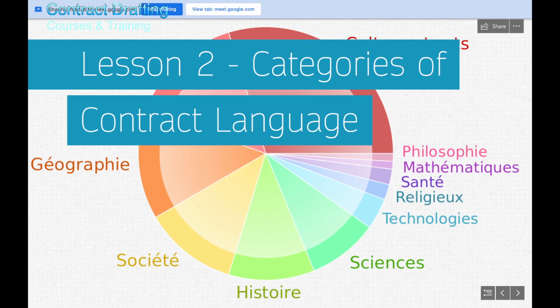Okay. So, moving to lesson number two, we will be discussing the categories of contract language. So, what are these categories? Basically, categories means the type of words that we use to create certain types of obligations, or to make suggestions, or to record an understanding between the parties.